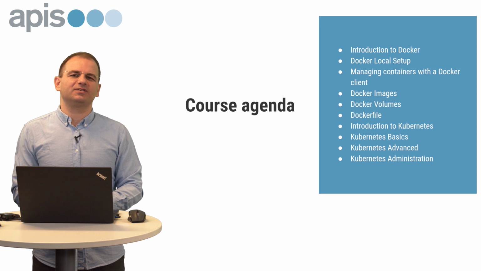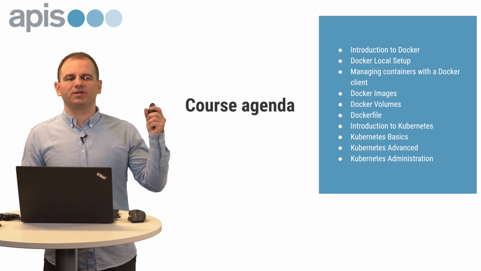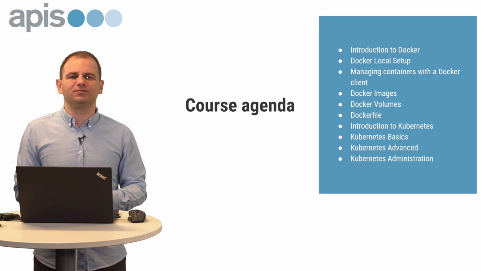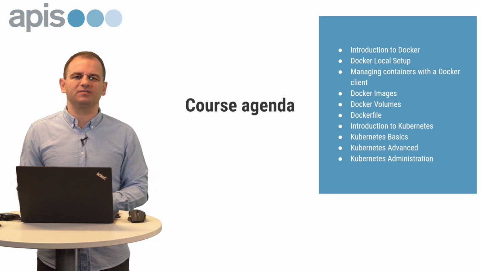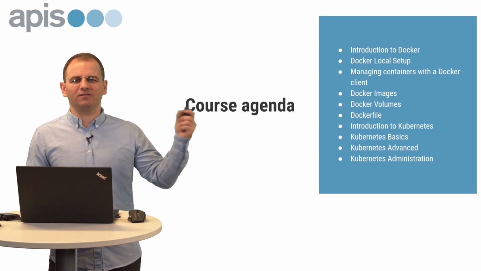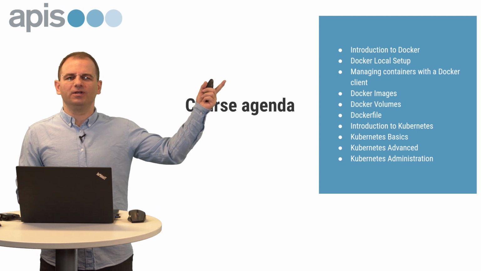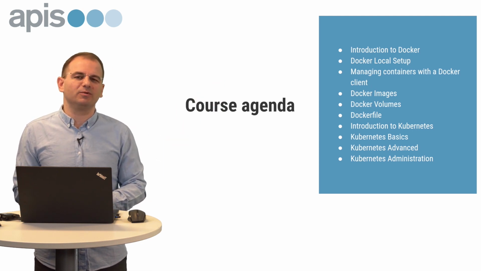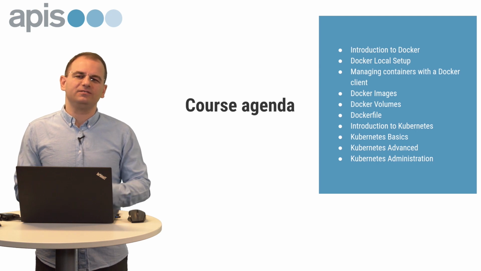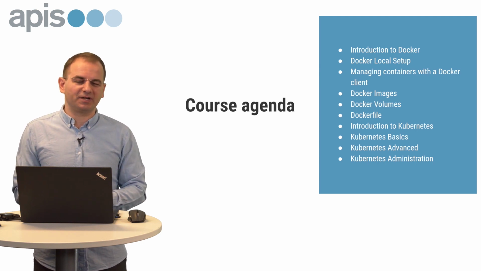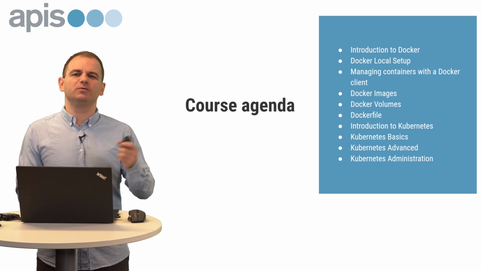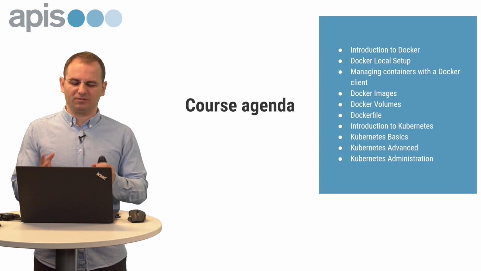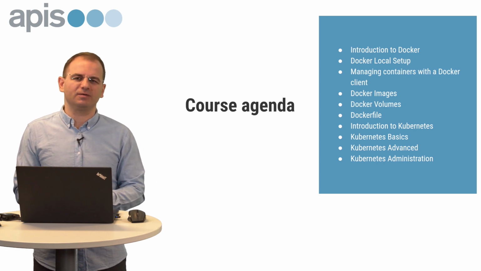Now, the course agenda. We have broken down the course into a lot of chapters, and the topics we are going to cover in those chapters are, first of all, we are going to introduce you to Docker, what it is, what problems it tries to solve, what was the history behind it, and so on. Then we'll move into setting it up on our local machines, so on your laptops.